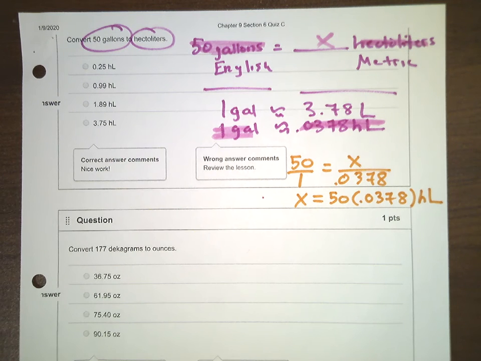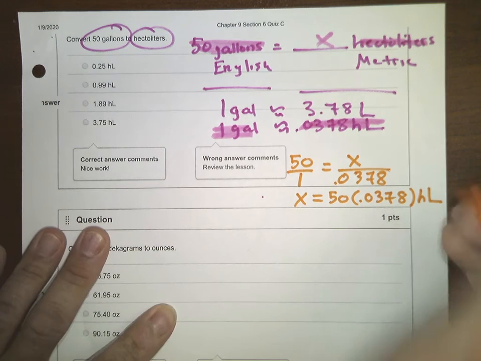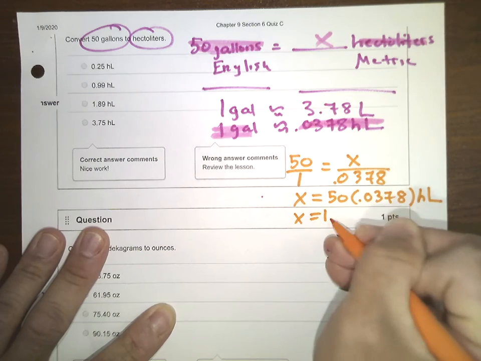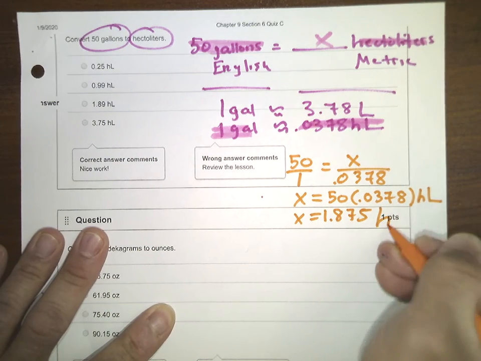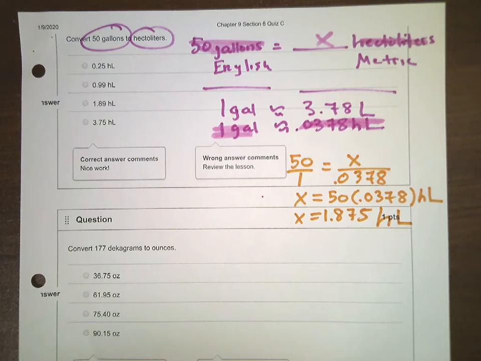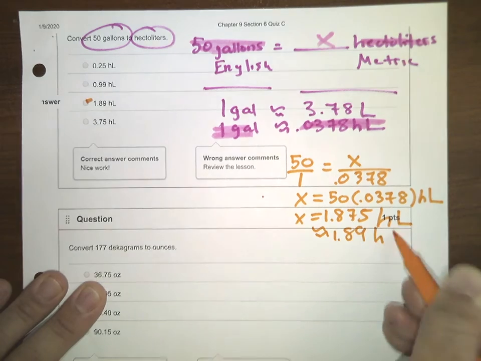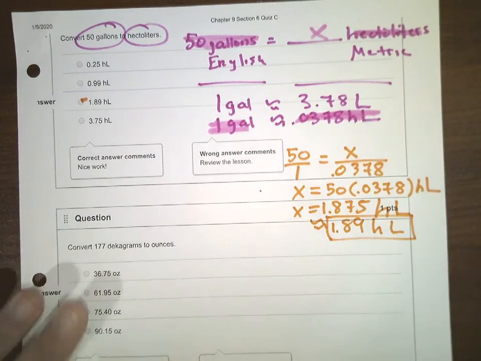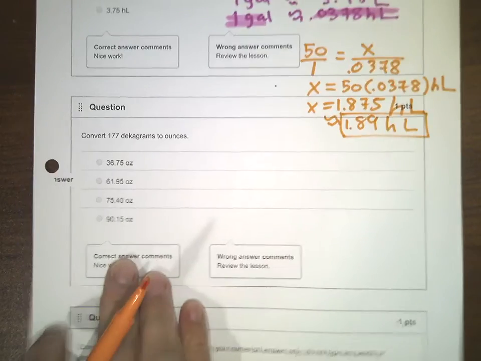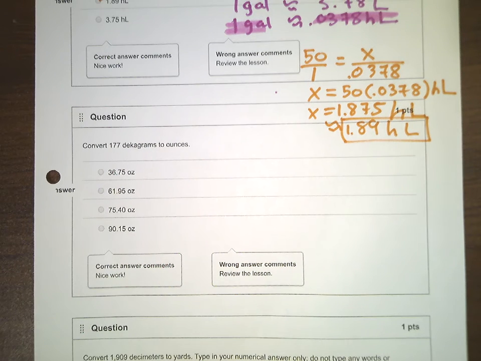So that will be about 1.875 hectoliters. To the nearest hundredth, that would be about 1.89 hectoliters. All right, what a time to be alive. So there we go. Let's try another one.